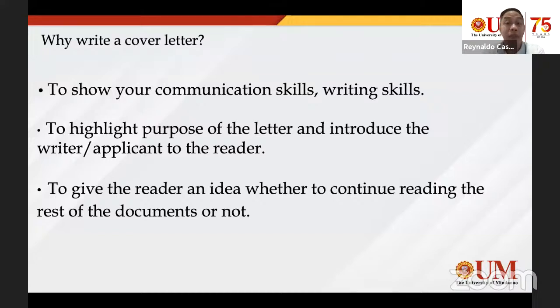So they're very busy, and they have to see in your application letter whether there is justification for further reading your documents, like your resume and the other credentials that you have submitted. Okay, so how are you going to write a cover letter, an application letter that will catch the attention of your potential employer, of the HR, of the reader?